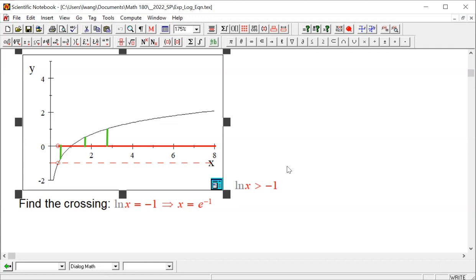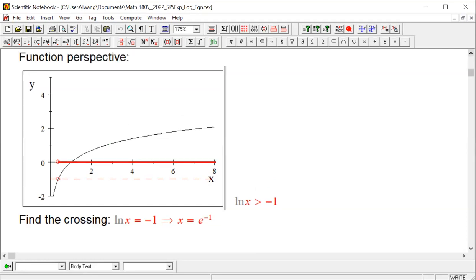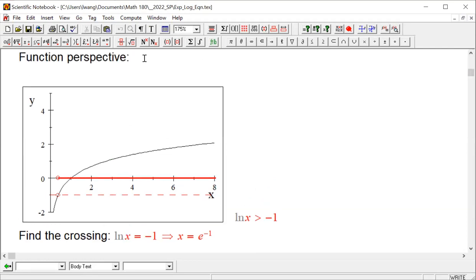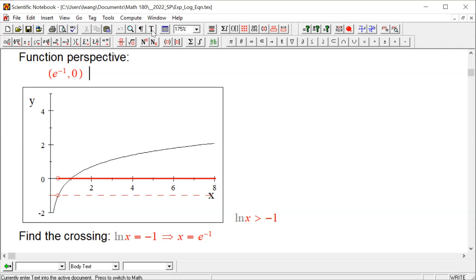Let me show you the points. There are 2 points here, 2 circles. One point is e to the power of negative 1, comma 0, and the other point is e to the power negative 1, comma negative 1.